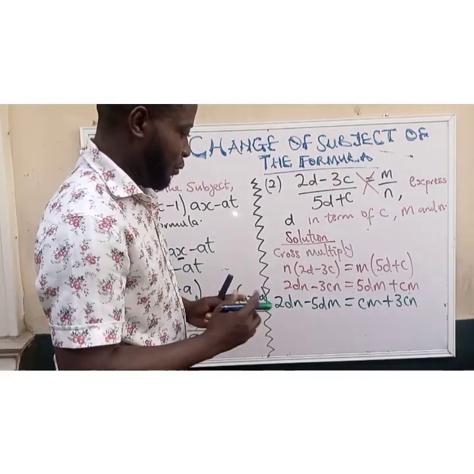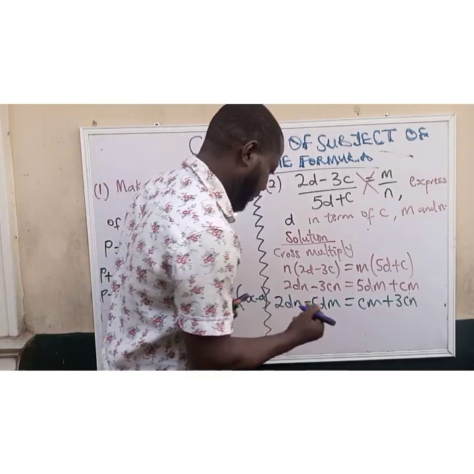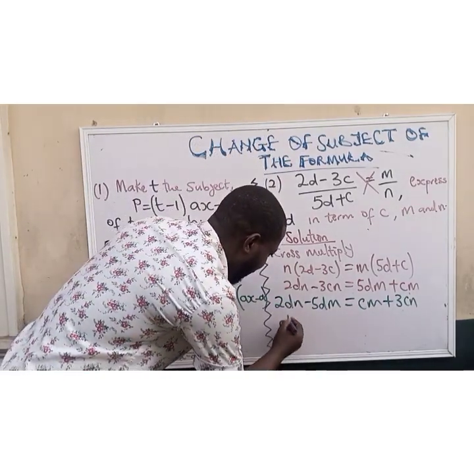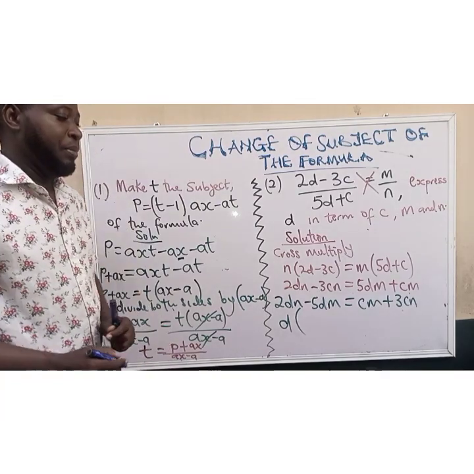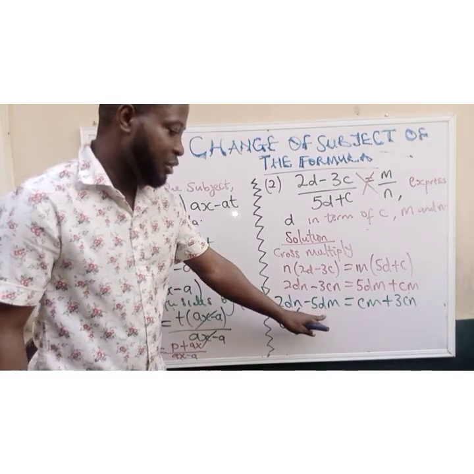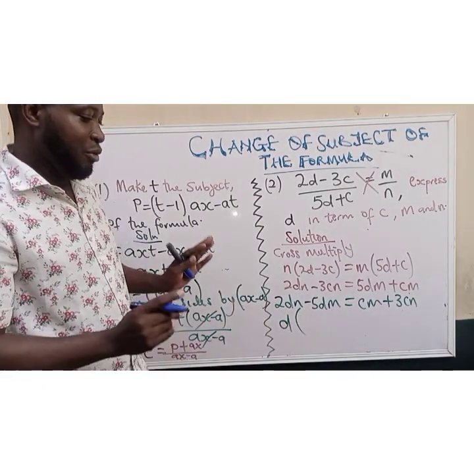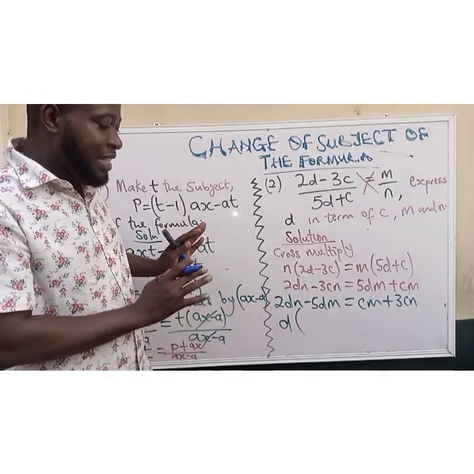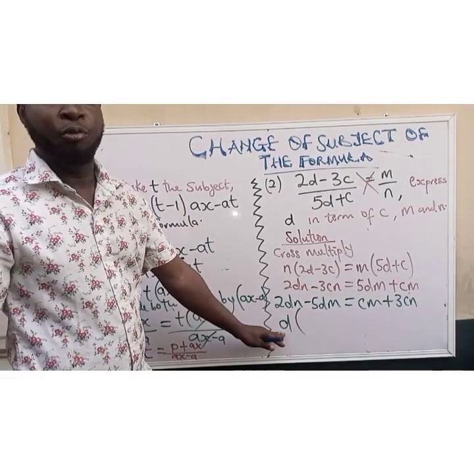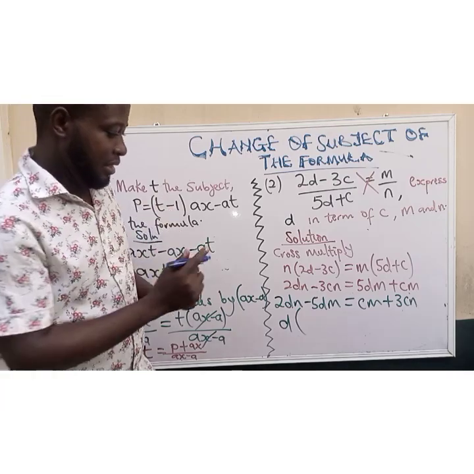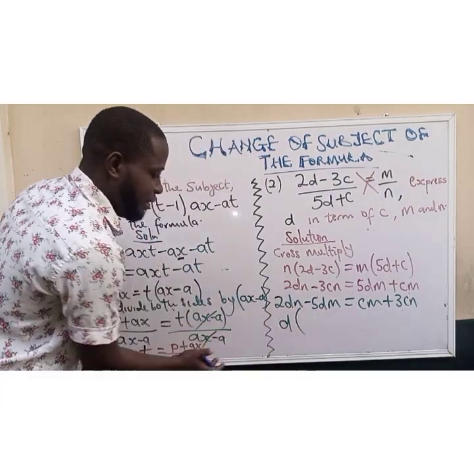Now, what's the next thing? We factorize. Because these two have d, those that have d, we factorize them so that d will come outside. We isolate d. So how do we isolate d?